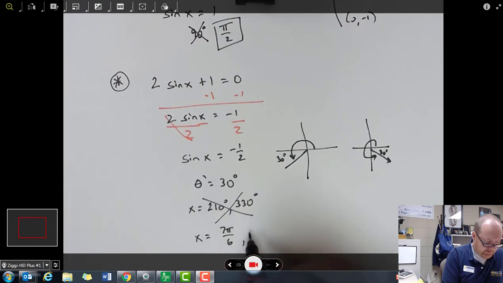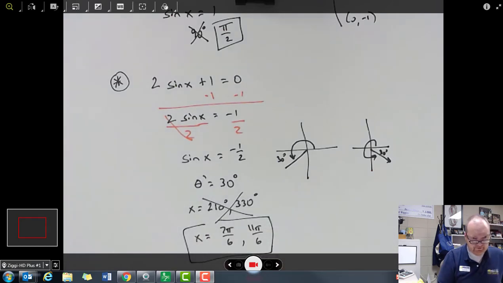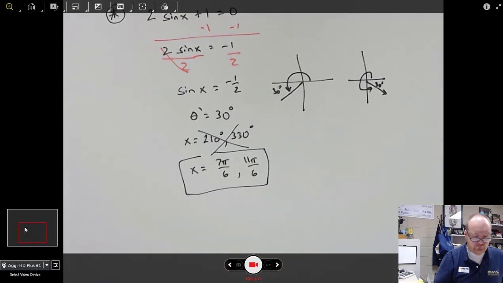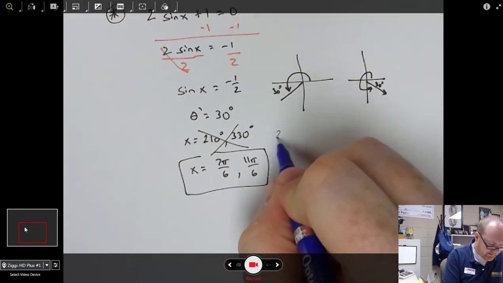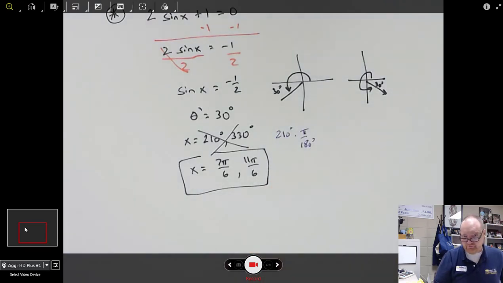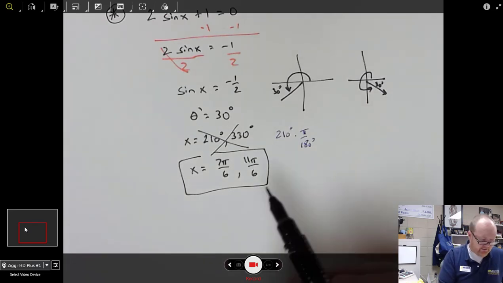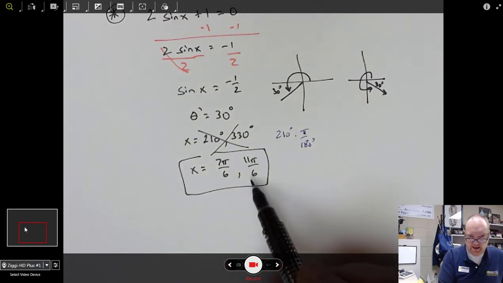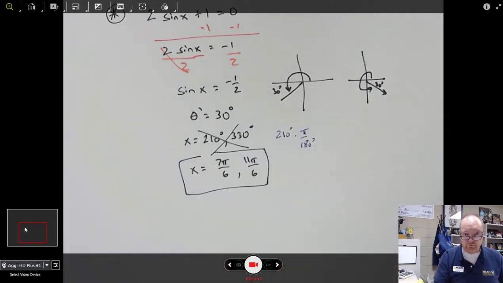My solutions here are 7 pi over 6 and 11 pi over 6. If you don't remember those degree measures, that's not the end of the world. You can always multiply by a conversion fraction, in this case, pi over 180, to get it into radian measure. Notice again, y'all, that I get two solutions, two places in one trip around the circle where sine is negative.